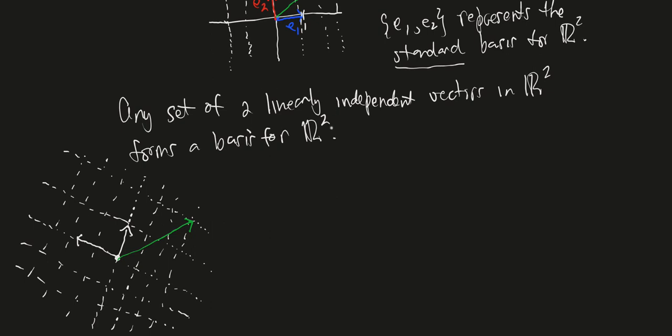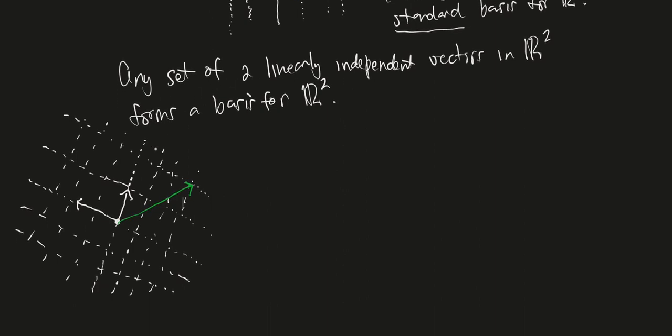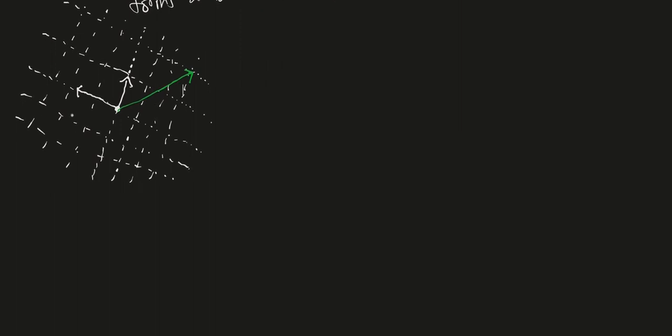So the big thing is we want to be able to determine when a set of vectors would form a basis or not. So let's take a look at this question, right?